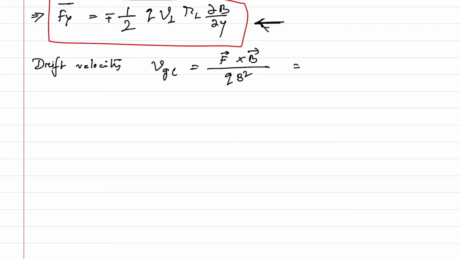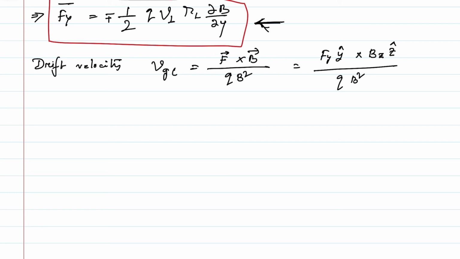So here it will be F_y y cap cross, and the magnetic field is being applied along z-axis, so B z cap, then q B square by q B square.